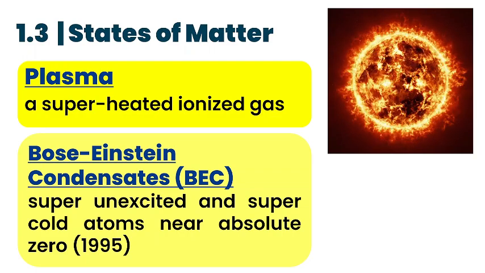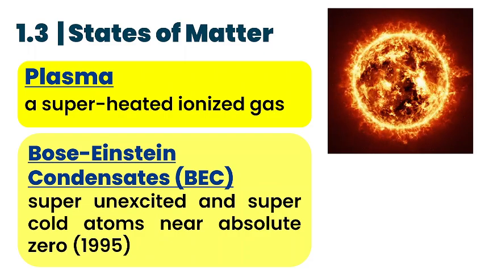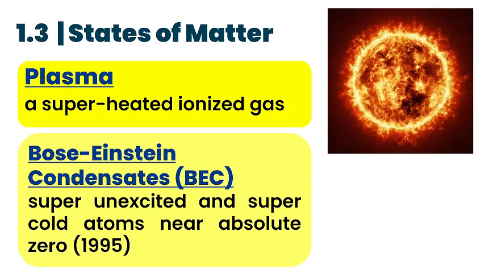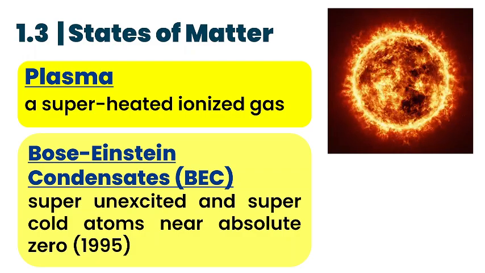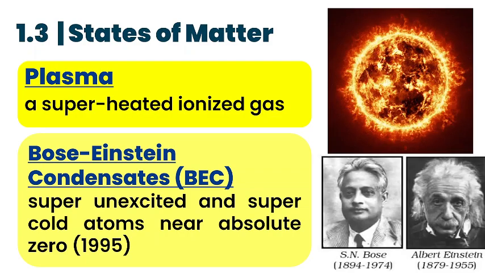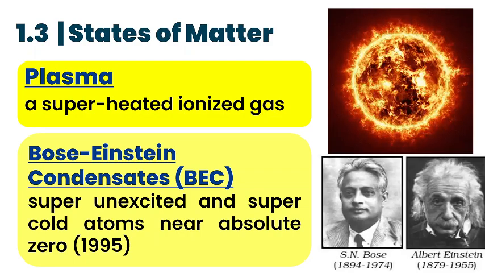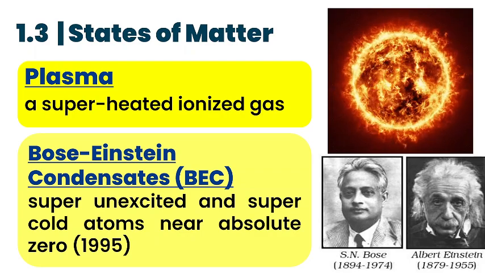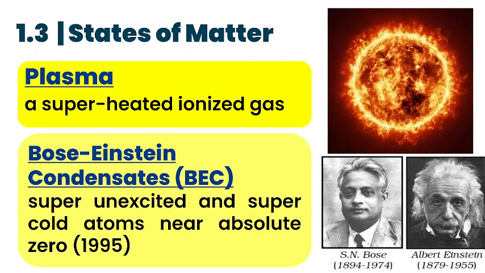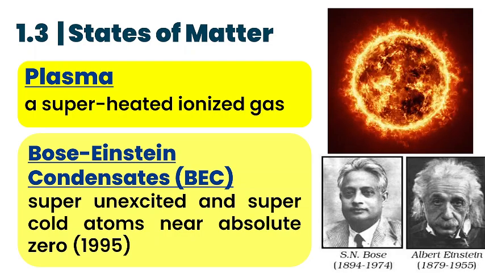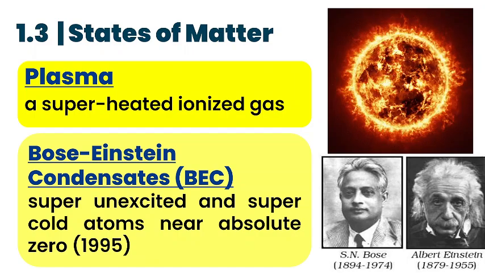Bose-Einstein condensate was proposed to exist by two scientists, an Indian scientist and, of course, Albert Einstein. Satyendra Nath Bose and Albert Einstein, working independently, proposed the existence of Bose-Einstein condensates in their time.